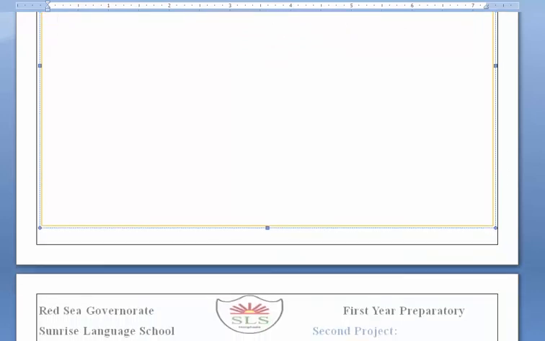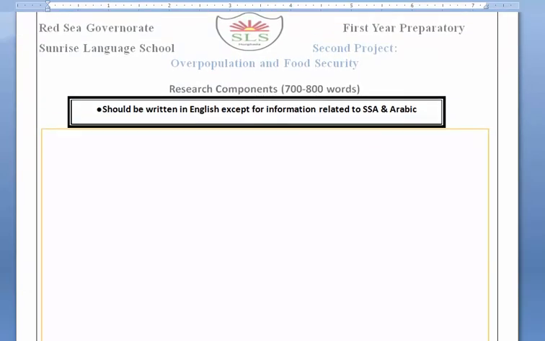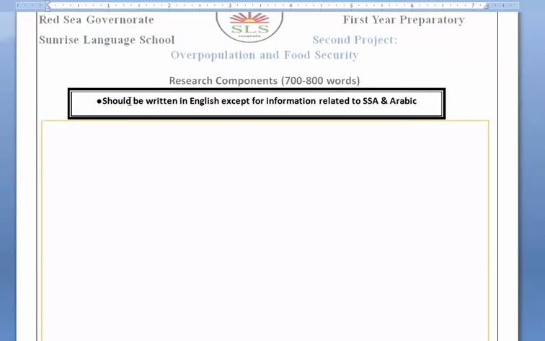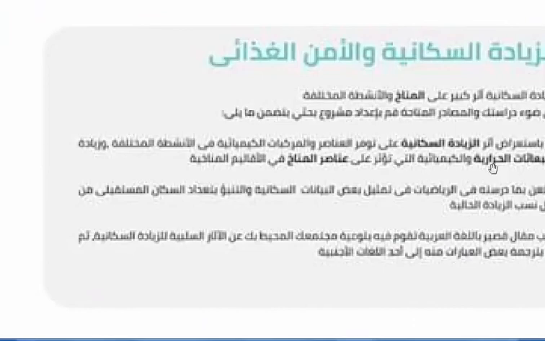Here are the research components. The research components should be written in English, except for information related to SSA and Arabic. So concerning science and math, it will be written in English; SSA and Arabic will be written in Arabic. Just follow the points written in your research topic.